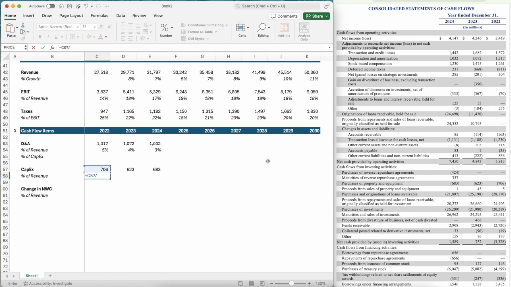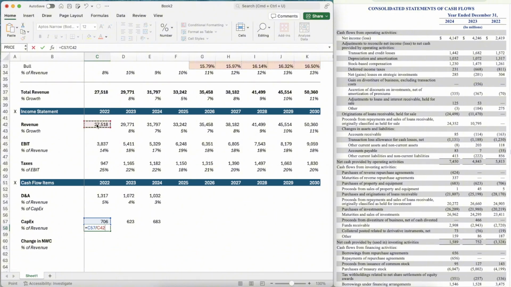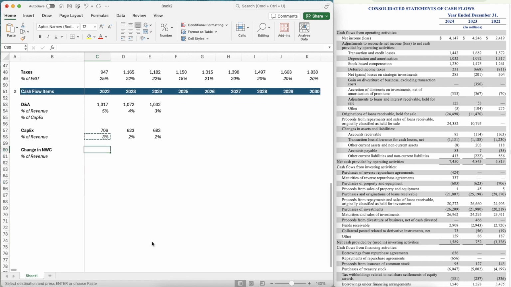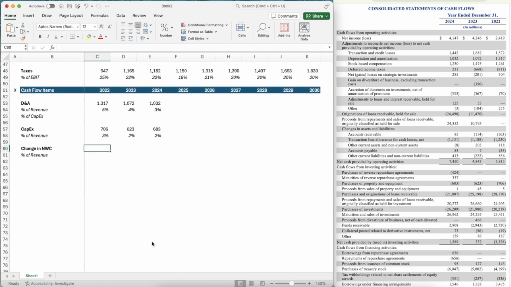Again, we want to know the percentage of revenue. The capex is significantly lower than the depreciation and amortization, which is great for free cash flow. But it's probably not great long term because you allow everything to deteriorate if you're not replacing it fast enough.